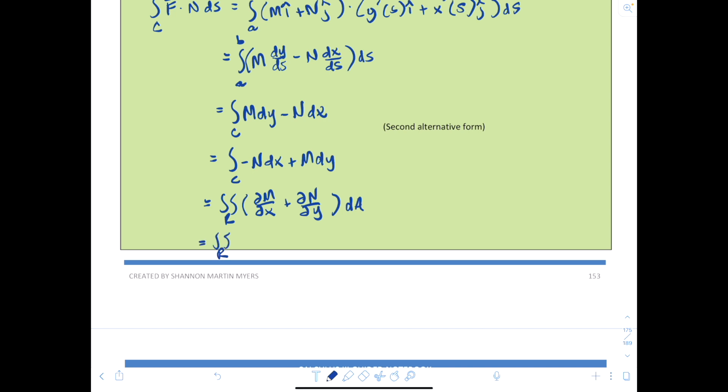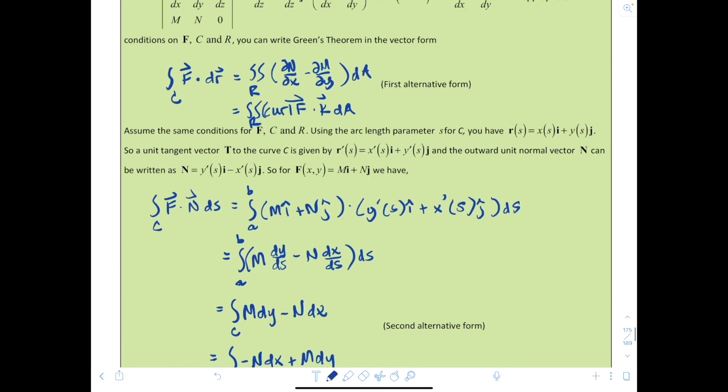Beautiful. The integral of the divergence of F dA, which is pretty cool. All right, so here's all our alternative forms. At the end of the day, we were getting to this one here, and this one here.